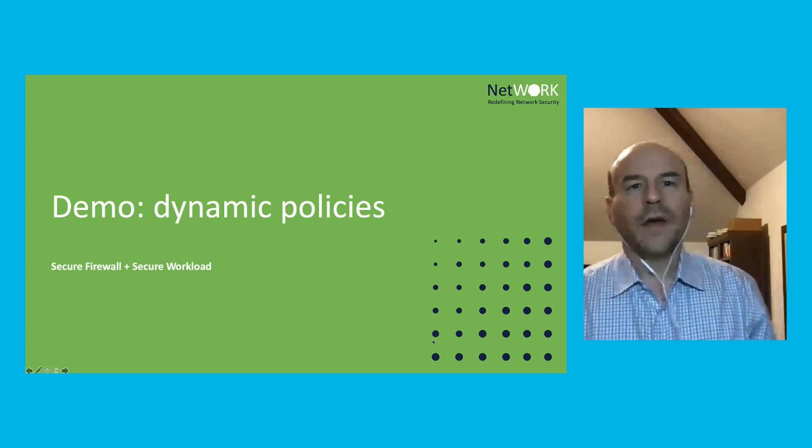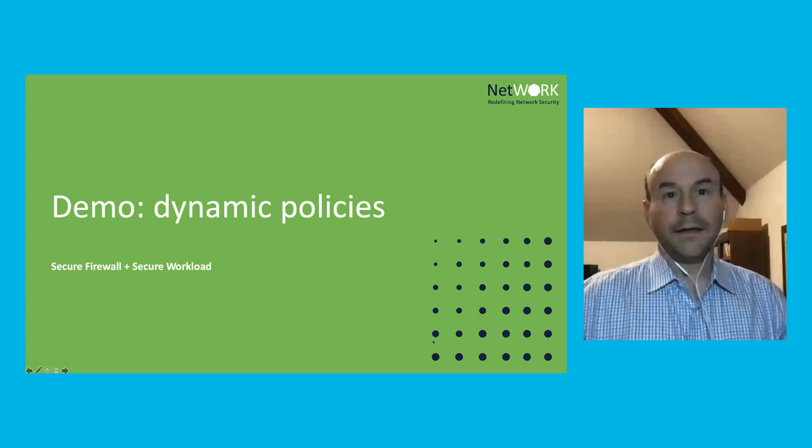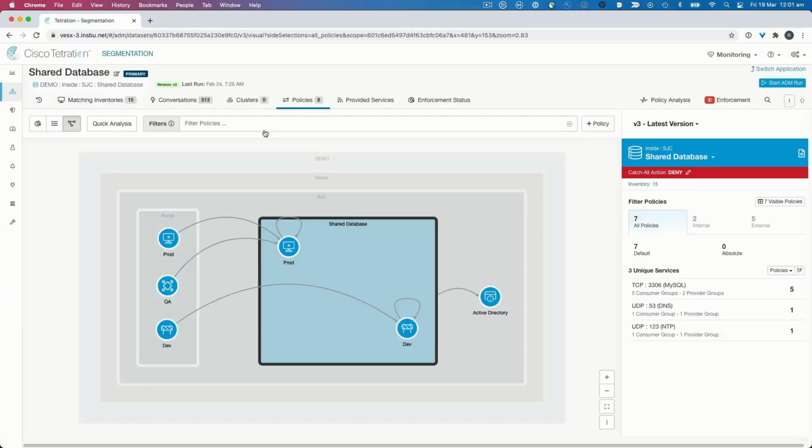So here's a quick demo prepared by my great colleague, Tim Garner. You're looking now at the Secure Workload interface, and I'm showing you a policy that's been discovered by Secure Workload, visualized in our new Policy Explorer. We can see how different components of the portal application are reliant on a shared database.